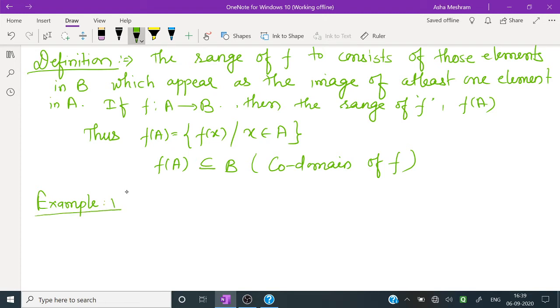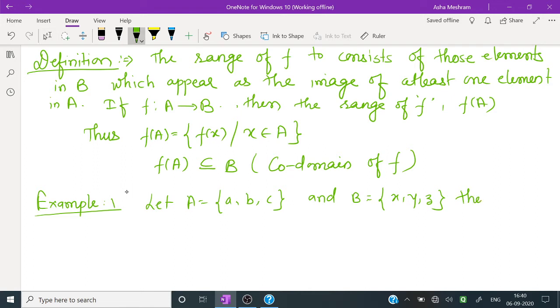So example 1. Here two sets are given. Let capital A contain a, b, c, 3 elements, and B contain 3 elements also, x, y, z.